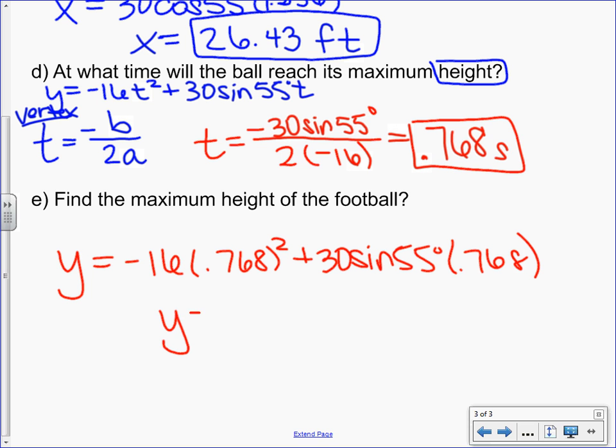And what is our maximum height? You ready? Feet.